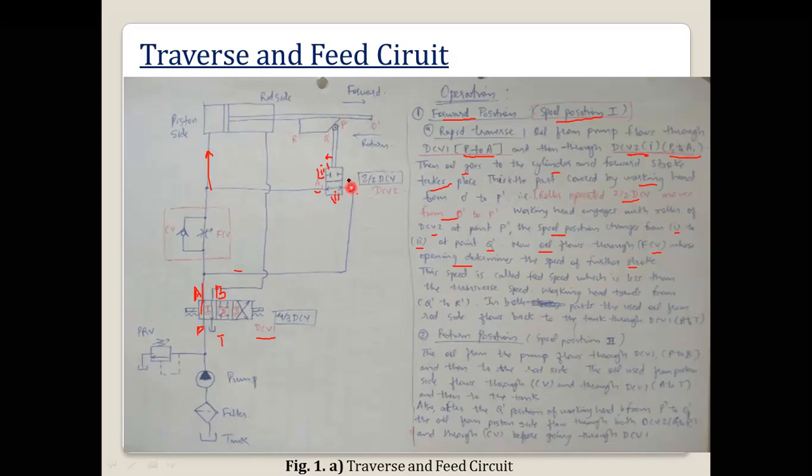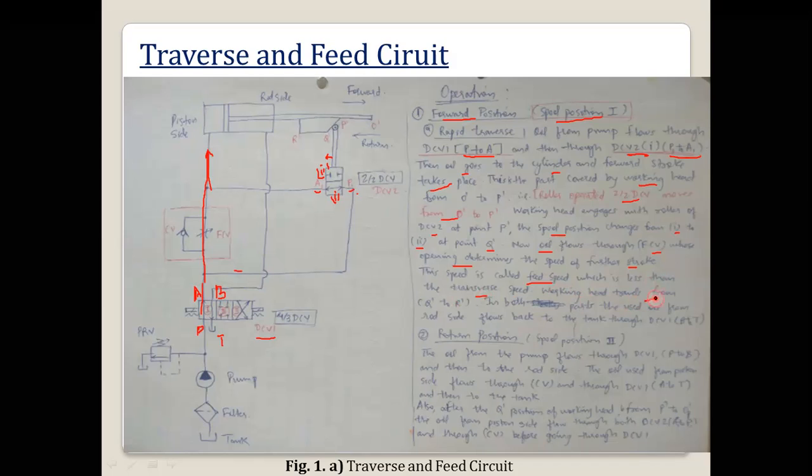If the 2 by 2 DCV valve gets closed, the oil flows only through the flow control valve, and depending upon its opening, that flow rate will be passed to the cylinder. This speed is called the feed speed, which is less than the traverse speed.